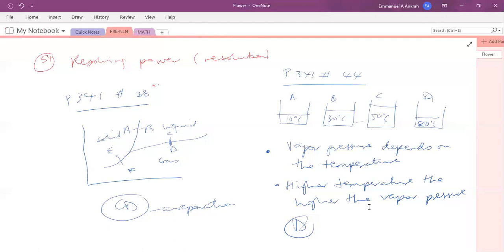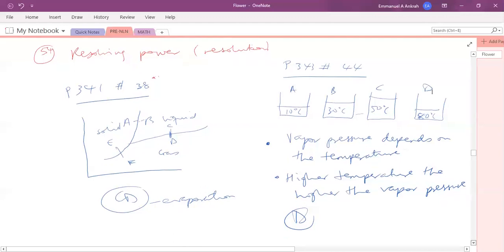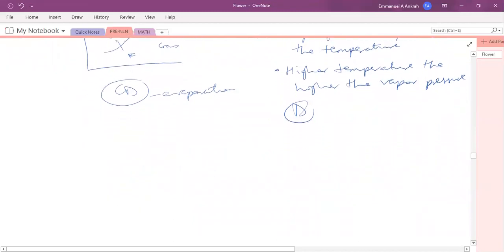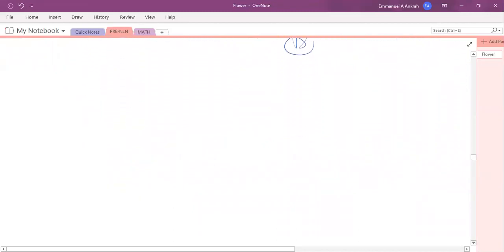B. Which one? Which answer? Is it B? Yes, B is correct. How do you do that?